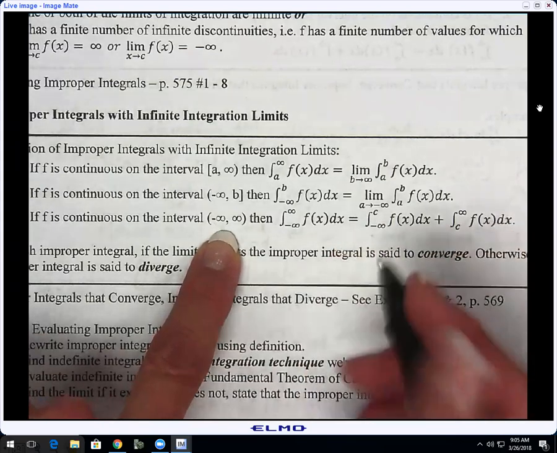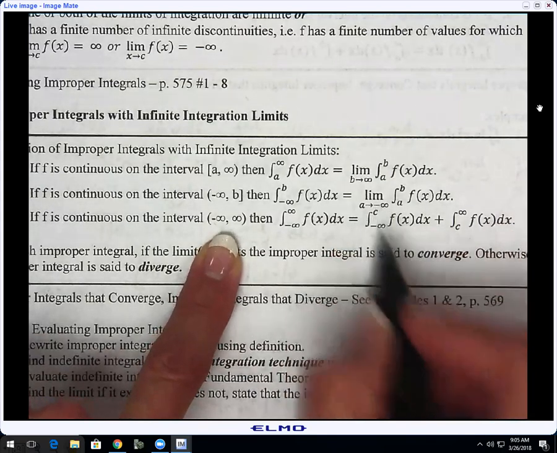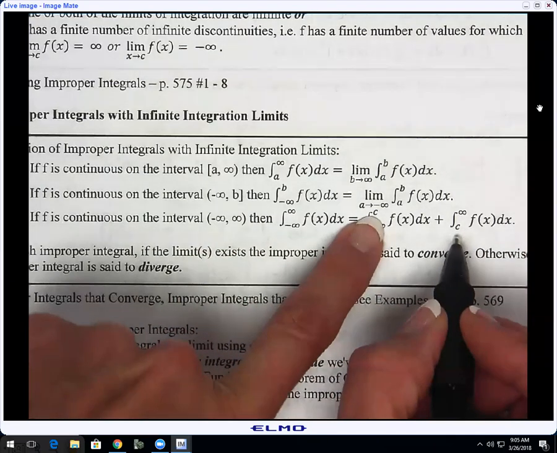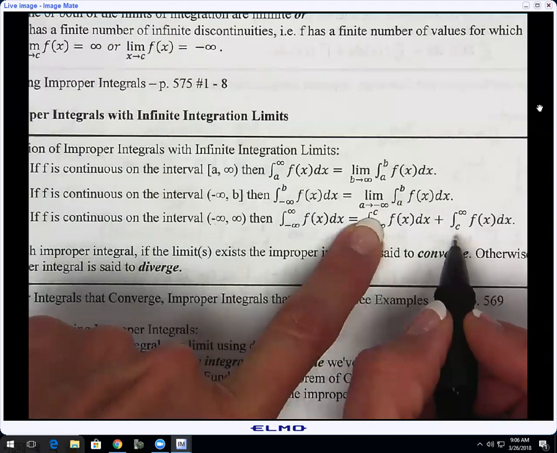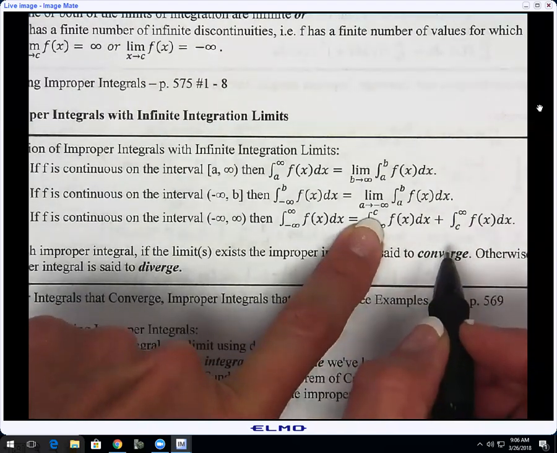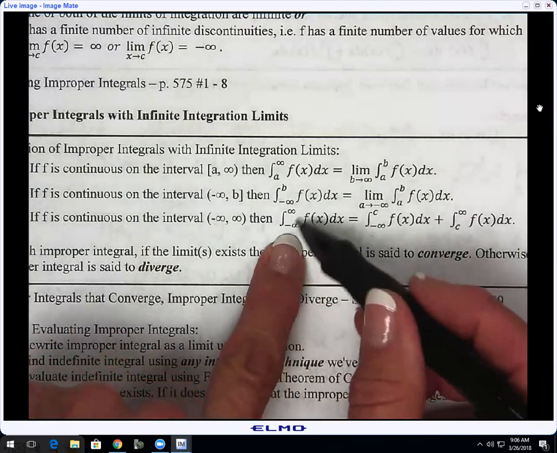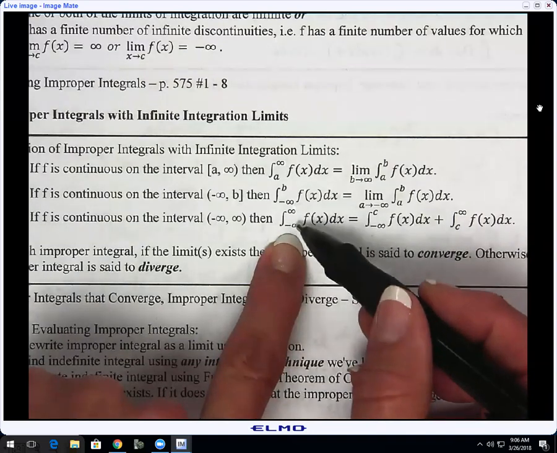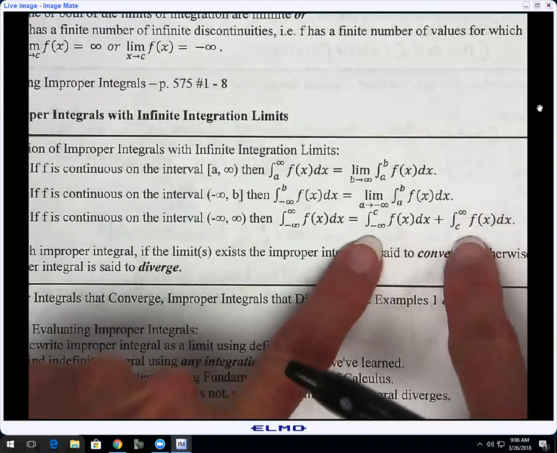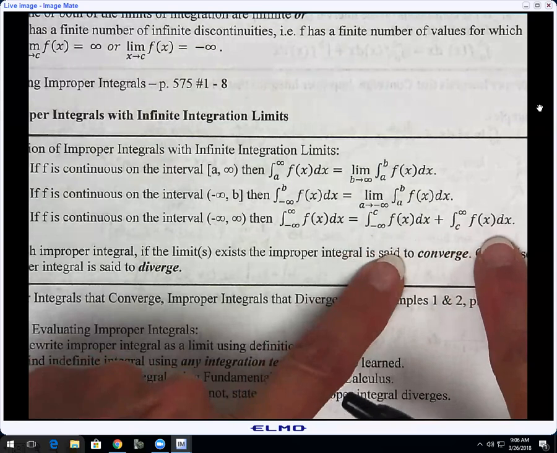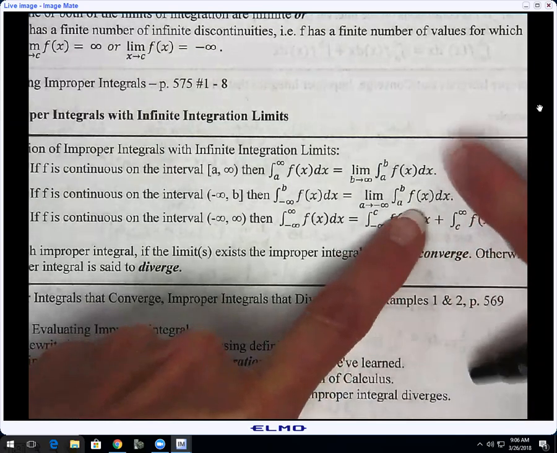And we can choose any number to make that break. We could always break it at 0, or we could always break it at 1. Sometimes with certain functions, some breaking points make more sense than other breaking points. So we'll look at one where we have to break an integral from negative infinity to infinity into 2, and then change each one of these into one of those.